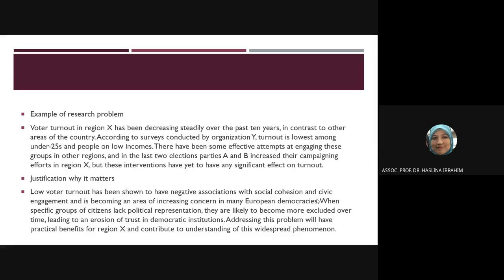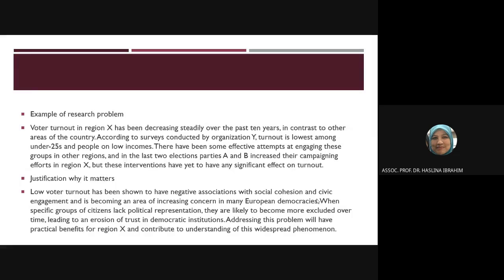The decrease still continued in Region X, but not in the other regions, even though several steps have been done to tackle the issue. But why is it that people of 25 years old and low income in Region X did not change, despite the initiatives done by certain people to encourage them to come out voting?